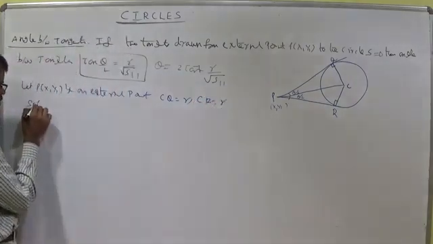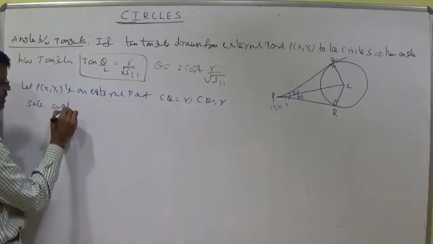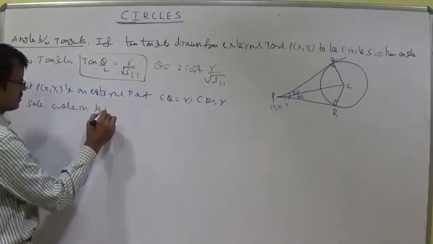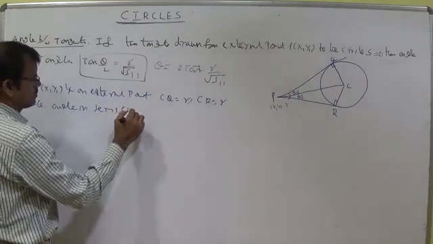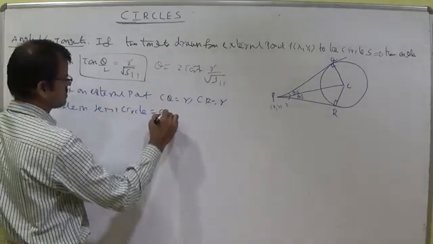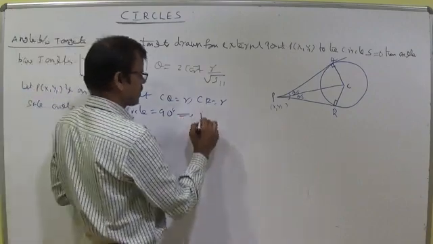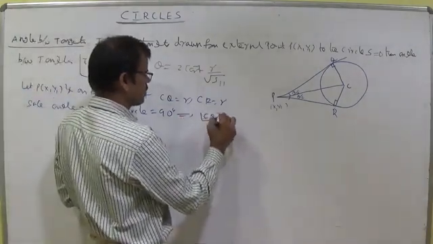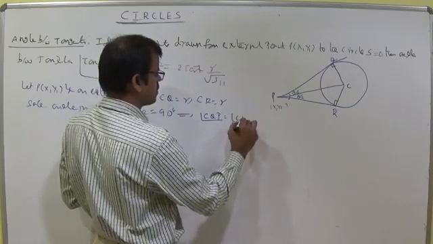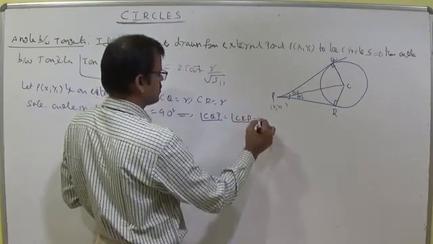Since angle in a semicircle is 90 degrees, that implies angle CQP is equal to angle CRP is equal to 90 degrees.